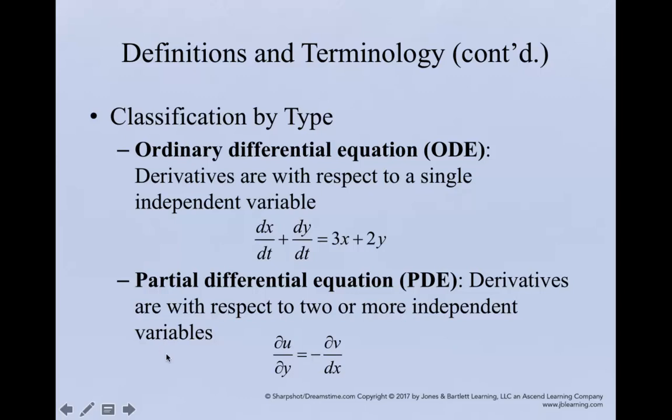The reason it's a partial derivative is that both u and v here could be a function of x and y. What we're expressing here is that we're taking the derivative of u with respect to y only, and here we're taking the derivative of v with respect to x only.